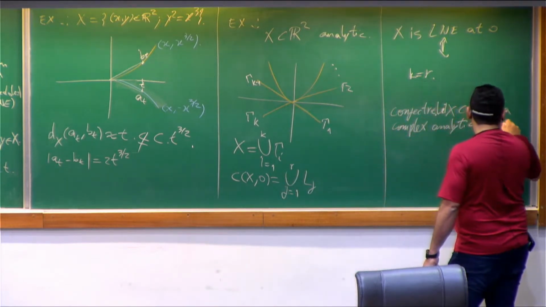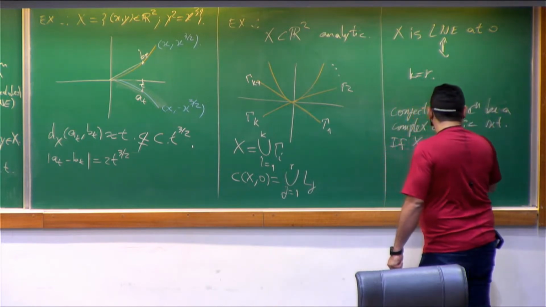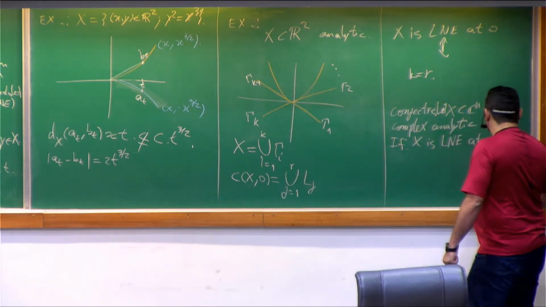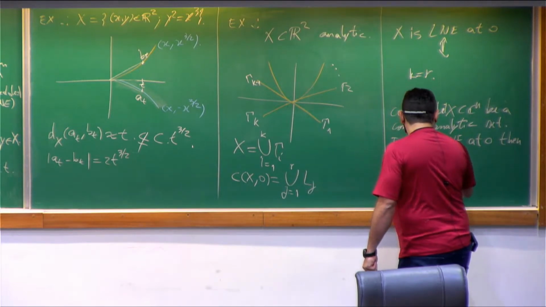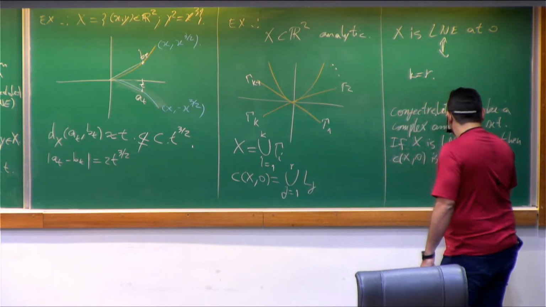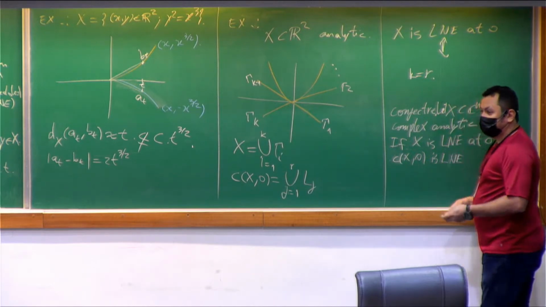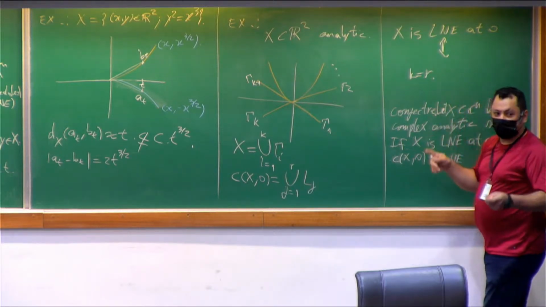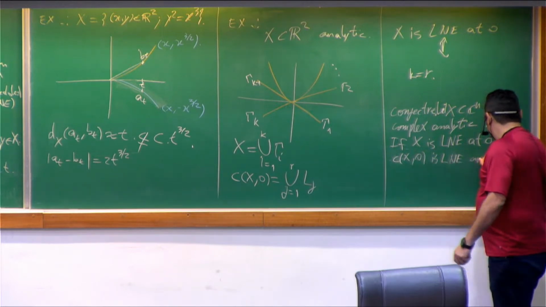If X is LNE at 0, then the tangent cone C_X is LNE as well. Now, if a cone is LNE at the origin, the cone is LNE globally. So LNE and reduced.